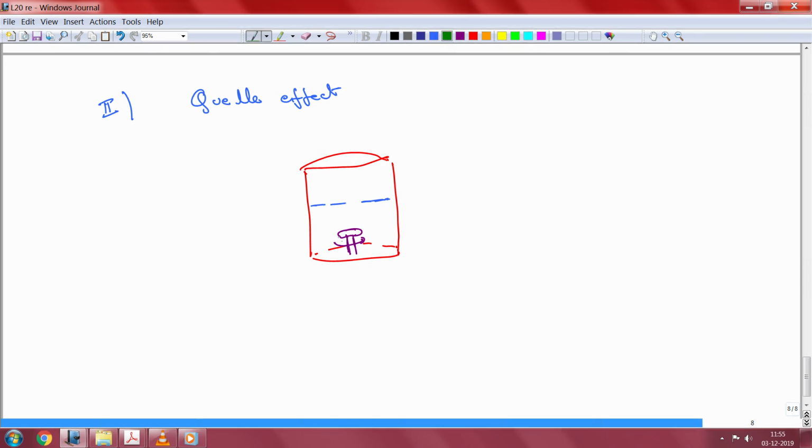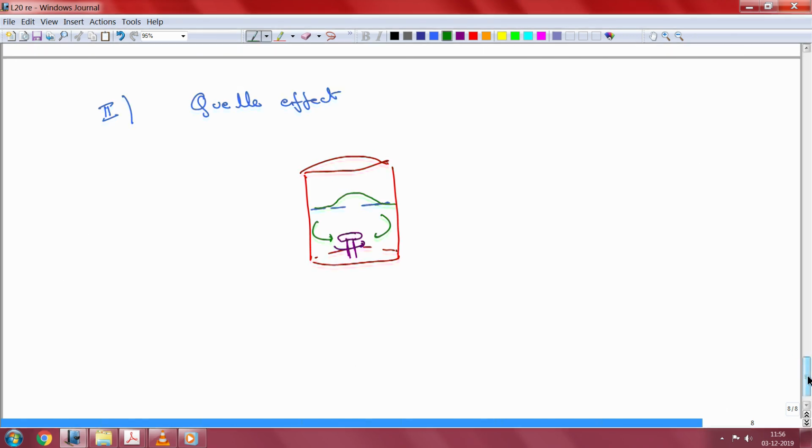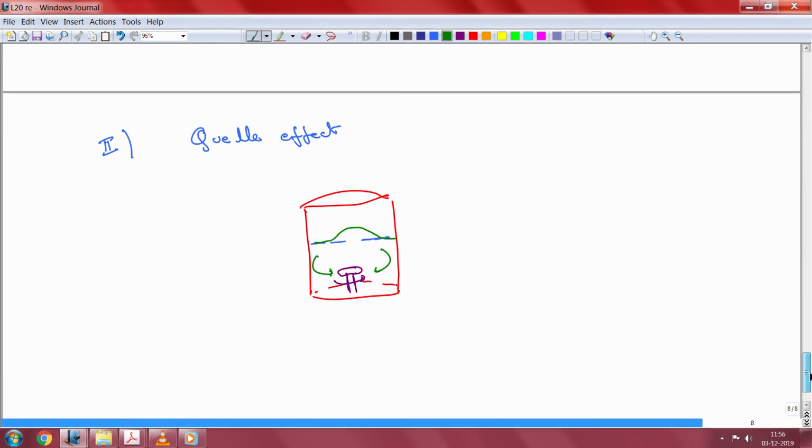Then when you start rotating it, you can start to have a bulge here because of secondary flows that can occur in this region. This effect is known as the Quelle effect. We do see secondary flows even in our Weissenberg rod climbing system, so we will show you that as well.